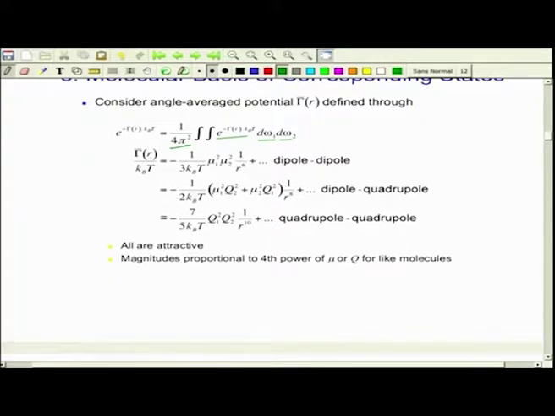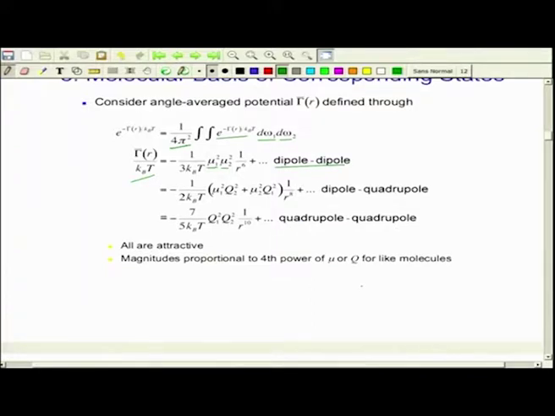Now, this part you can show, without showing all the details, that the average energy divided by kT can be written in this form, where you have minus 1 by 3 kT, mu1 square, mu2 square, 1 by r6. This is the dipole part, or for the case of dipole-quadrupole it is this, and this is the case of the quadrupole. So that means if you plug in this information, depending on which part you are interested in, you will get these conditions for different combinations.